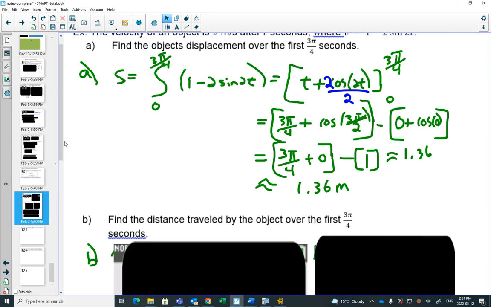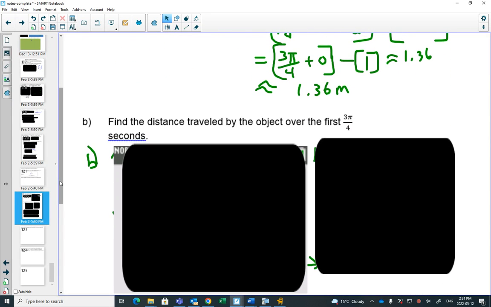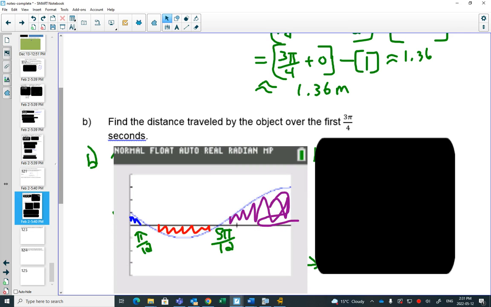Now this is the displacement. It's traveled 1.36 meters away from its original spot. But what is its actual distance over the first 3 pi over 4 seconds? And if we look at this graphically, and I graphed it on the graphing calculator, part of the velocity graph is above and part of the velocity graph is below.